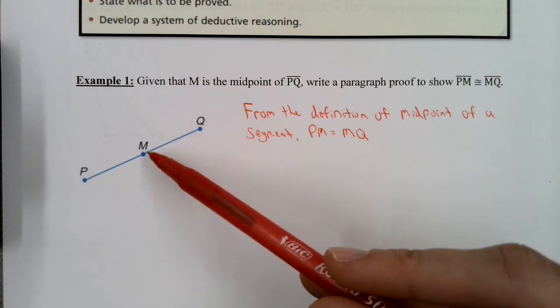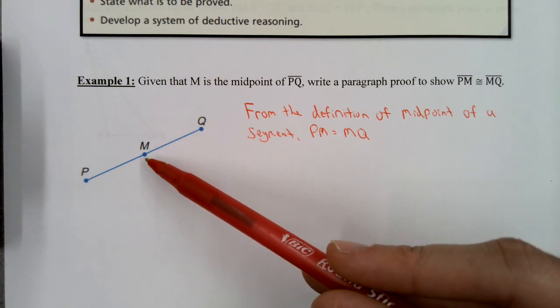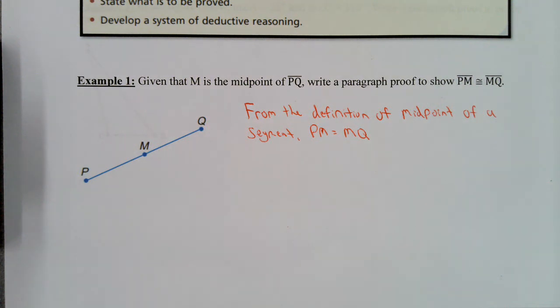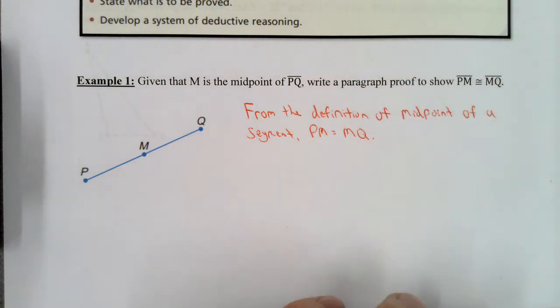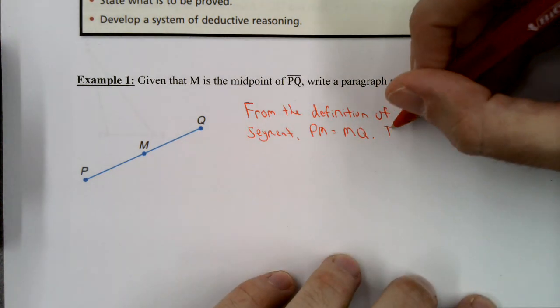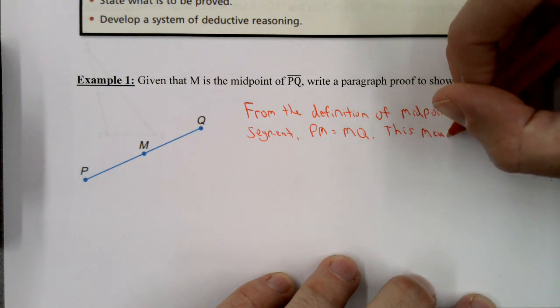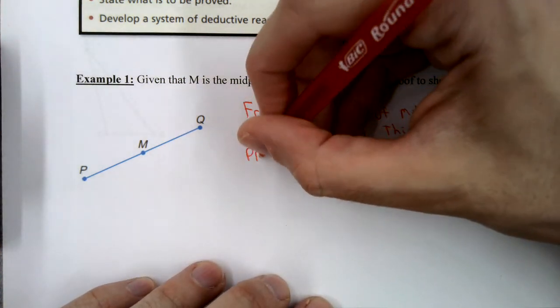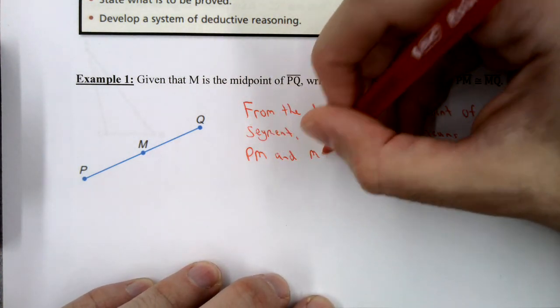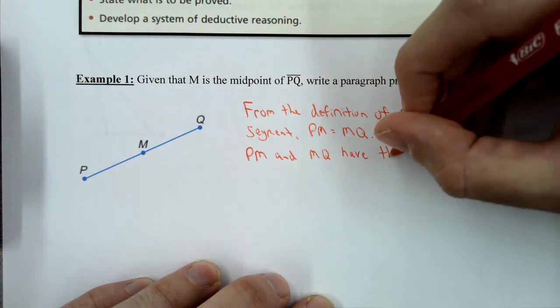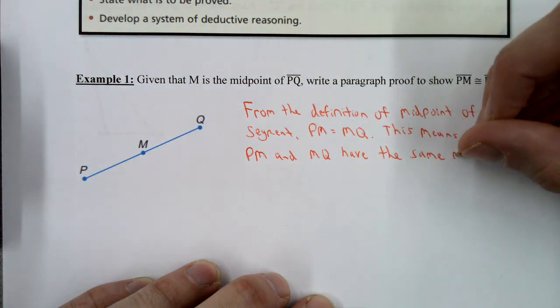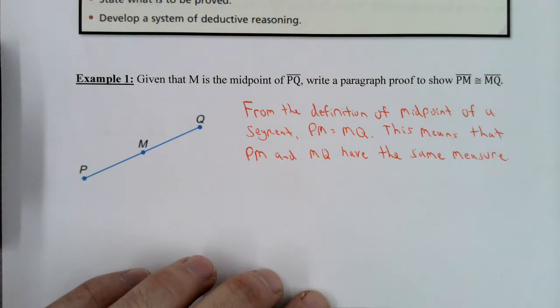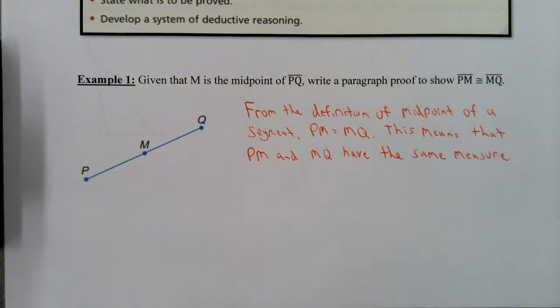By the definition of midpoint, if M is the midpoint of PQ, then PM equals MQ. So this means that PM and MQ have the same measure because they're equal. Since they're equal, it means they have the same measure. Since they have the same measure, it means that they are congruent.